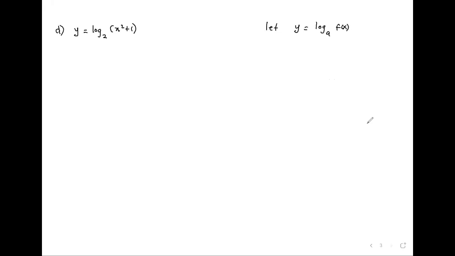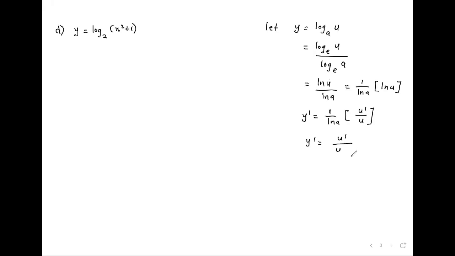We first change the base to e. We have log e of u over log e of a, so that you have ln u over ln a. The derivative is the same as 1 over ln a multiplied by ln u, so we have 1 over ln a as a constant, differentiate u, then divide by u.